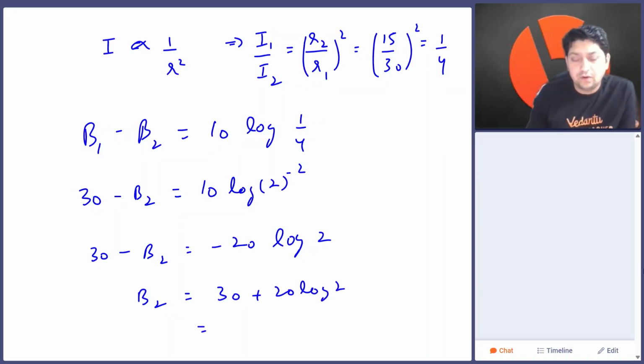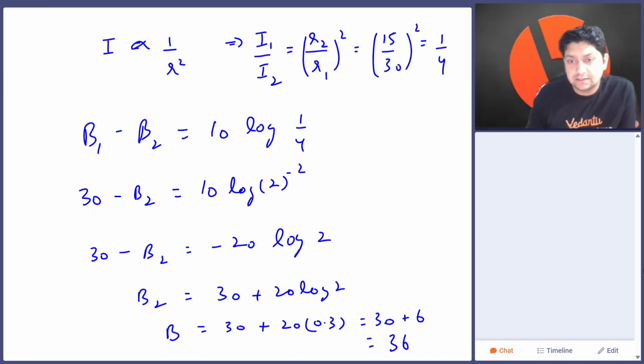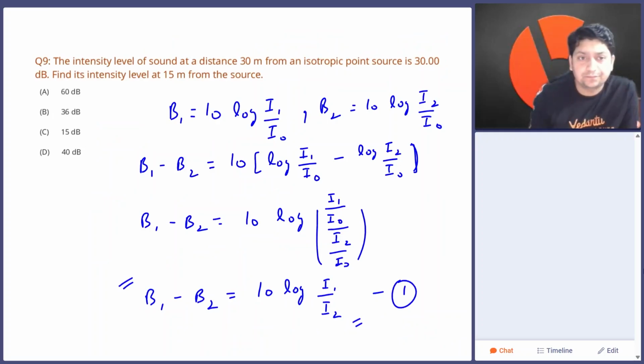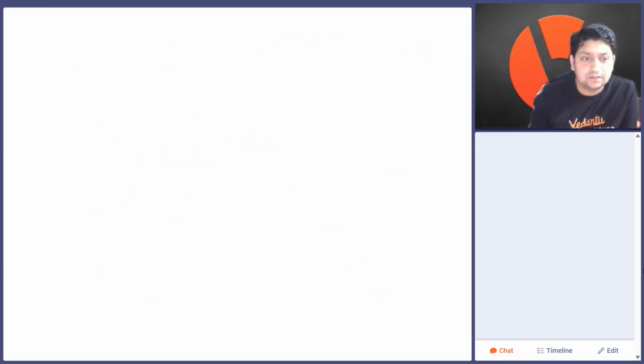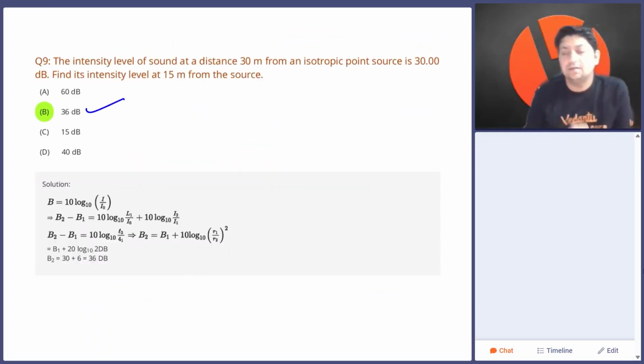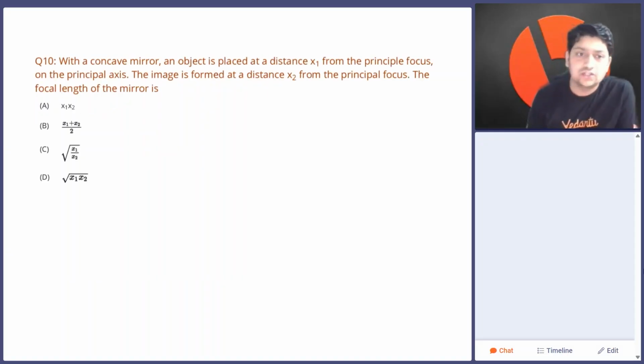The value of log base 10 of 2 is nothing but 0.3, which by multiplying we get the value as 6, and 30 plus 6 is 36, so in decibels. So b2 is coming out to be 36 decibels. It means B option has to be the correct answer. Yes, B option is correct, right? So this is how you solve such type of questions.